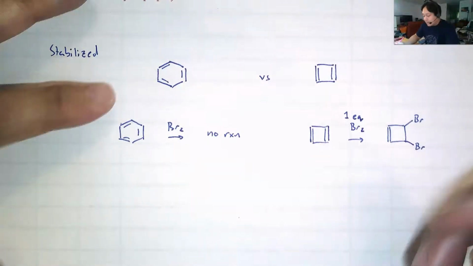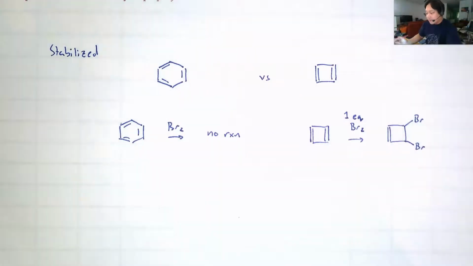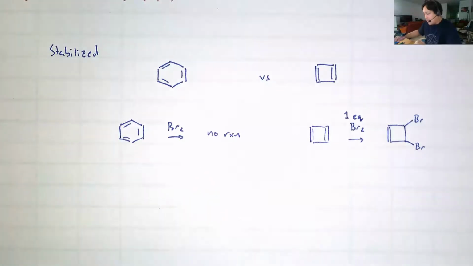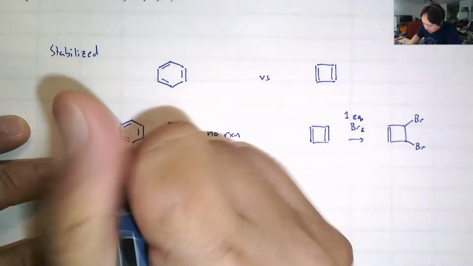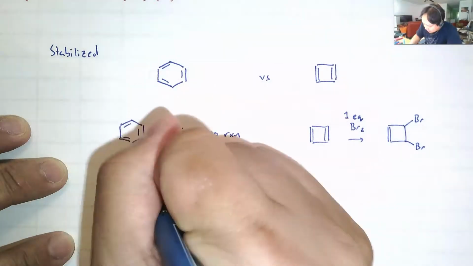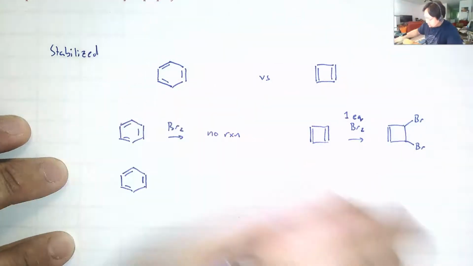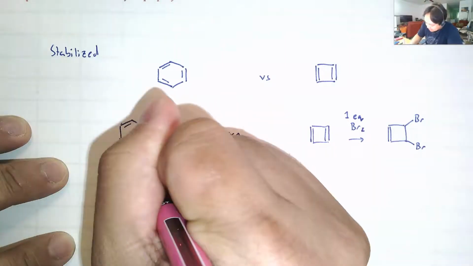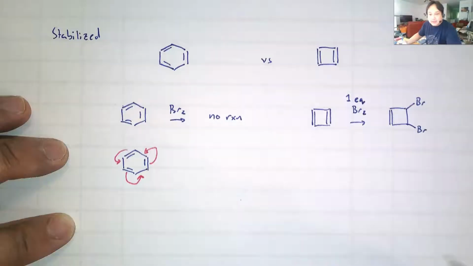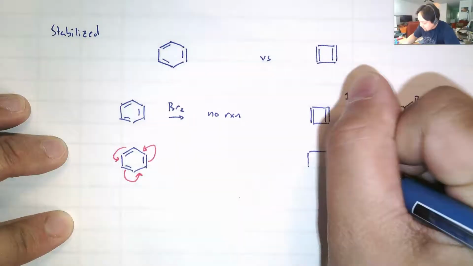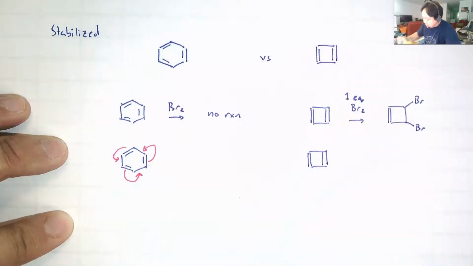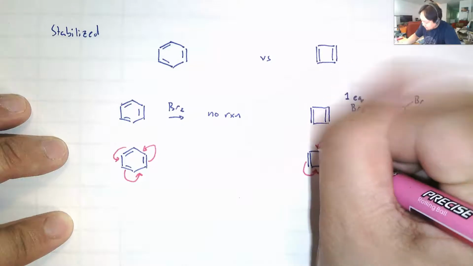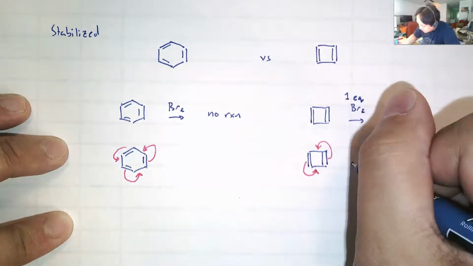Okay. I'm comparing these two because every carbon is sp2 hybridized, and on paper, we could draw mechanism arrows to show resonance. So one last time, resonance for benzene is this. Okay. But for cyclobutadiene, theoretically you should be able to do this movement of electrons to get a second resonance structure.